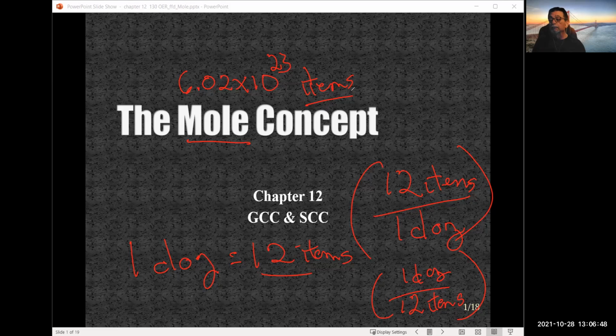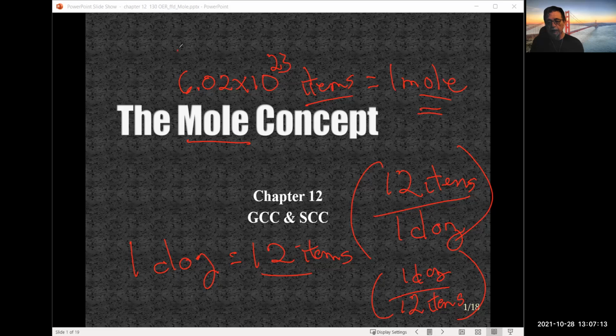It's just a number. It just happens to be a very, very large number. And that is equal to one mole. So a mole is nothing more than a description of a number, just like a dozen is a description of 12, okay?